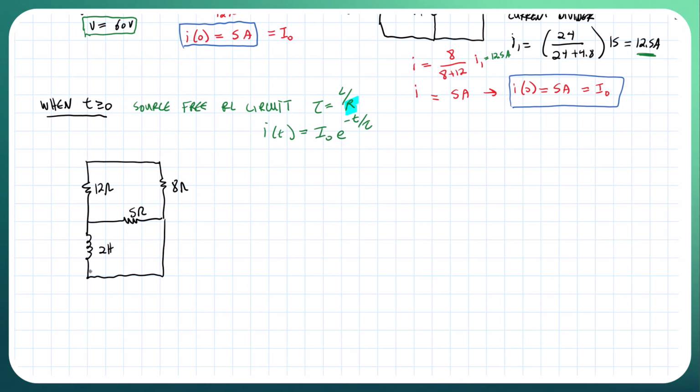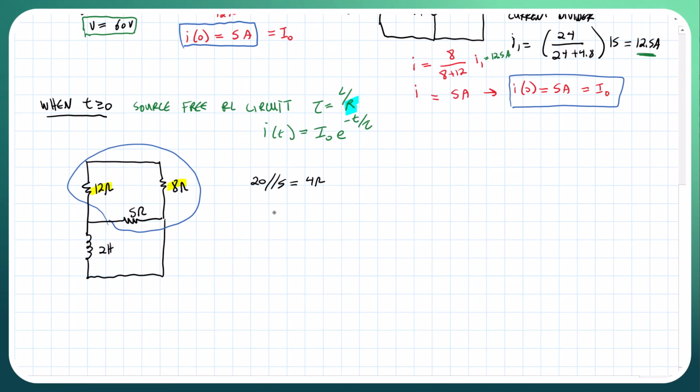What we want to do is get an equivalent resistor here. The 12 ohms and the 8 ohms are in series, so we just add those up and get 20. Then the 20 is in parallel with the 5, so we can rewrite this as 20 in parallel with 5, which is going to be our equivalent resistance, and that's going to be 4 ohms.